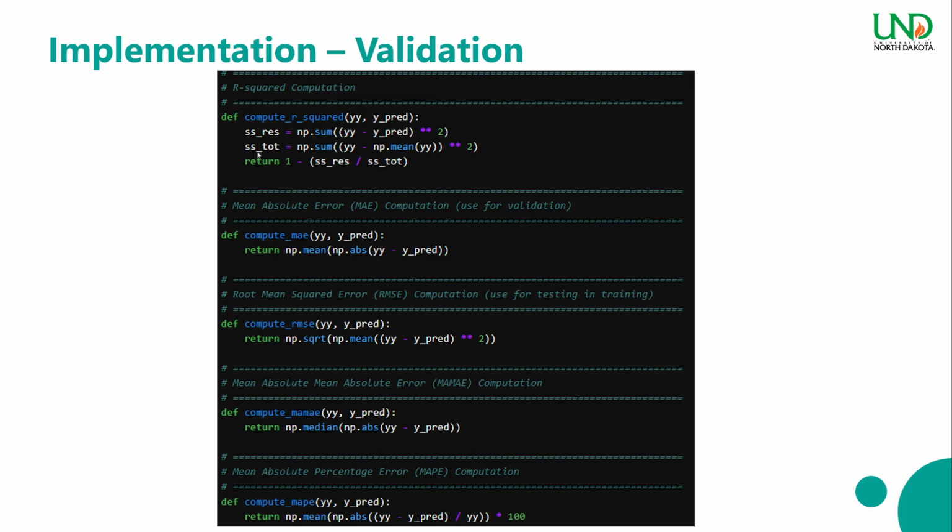Then SS tot is the total variance of y, and a higher r squared value indicates a better fit. The reason is that we take this error, which would normally be a measure of the error, but then we do 1 minus it, and that becomes the measure of how much x1 and x2 influence y, or explain the variance of y. That sounds more confusing than it needs to be, but this measures the error, basically.